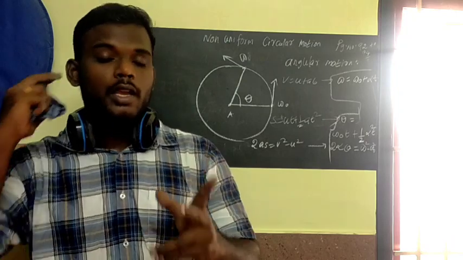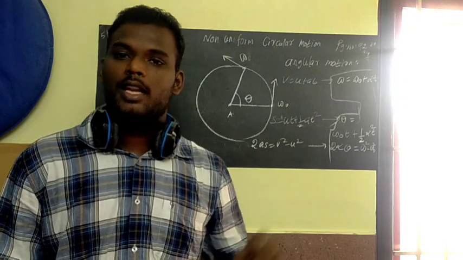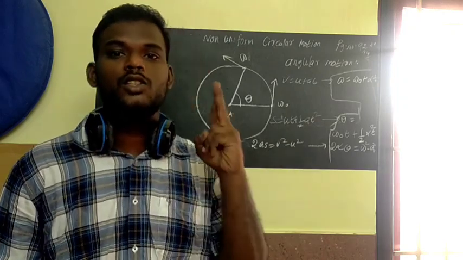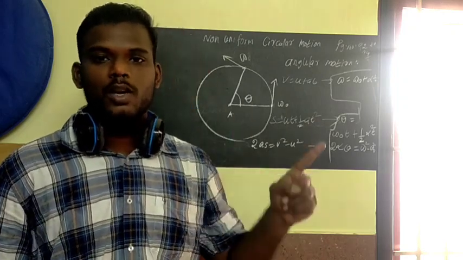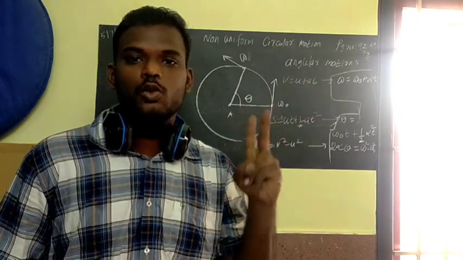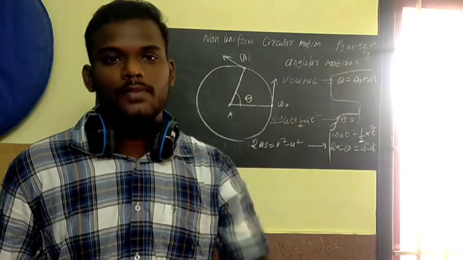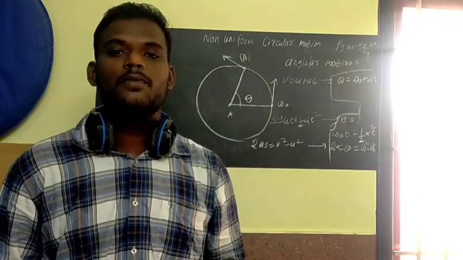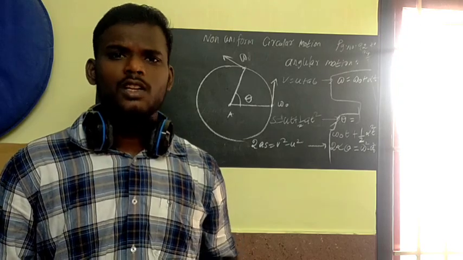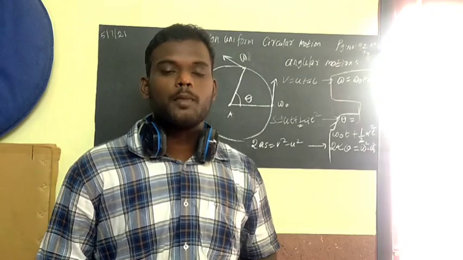I told you in uniform circular motion there is only one acceleration, but in non-uniform circular motion there are two accelerations. The first is due to change in the direction of velocity, and the second is due to change in the magnitude of the velocity. So that we resolved by using the concept of vectors. Is that clear, ma?